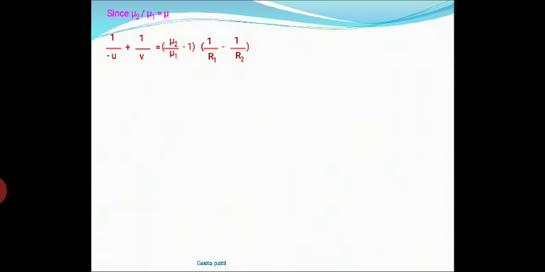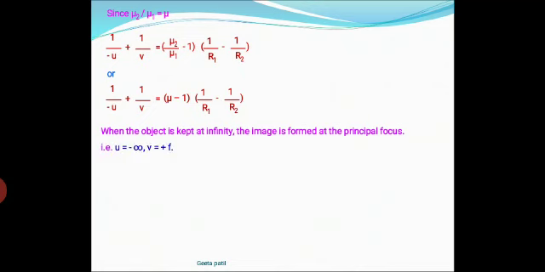For mu2 by mu1, we substitute mu and write the equation as 1 by minus u plus 1 by v is equal to mu minus 1 into 1 by R1 minus 1 by R2.